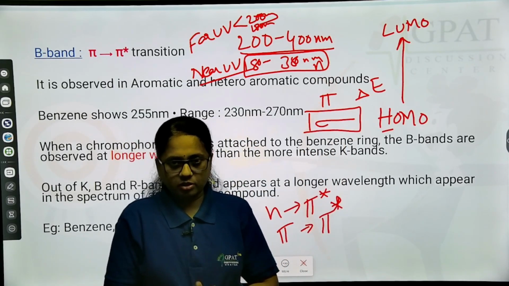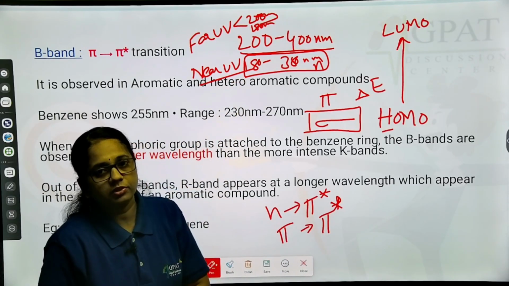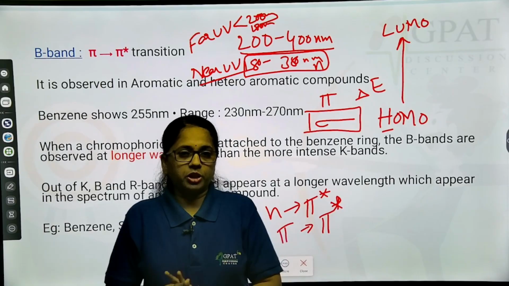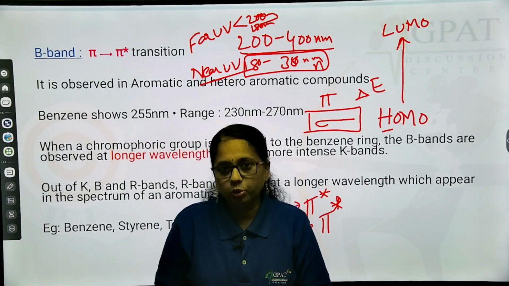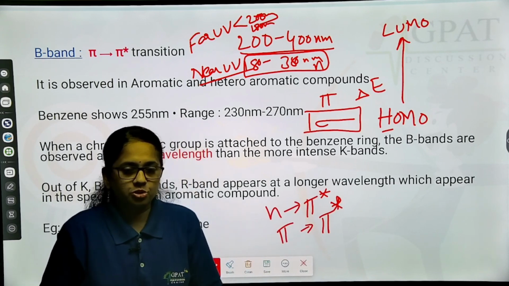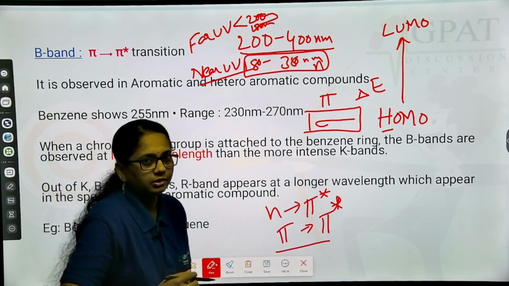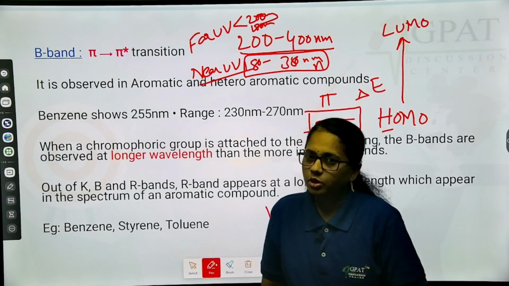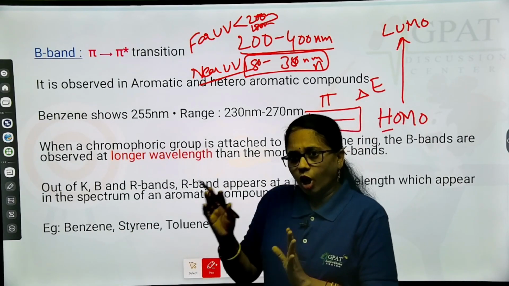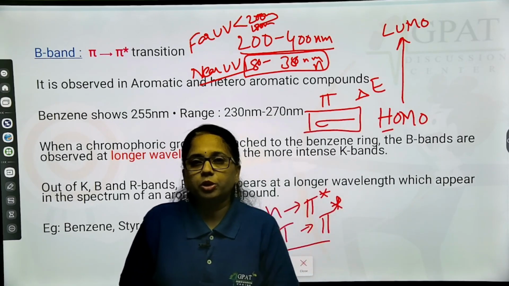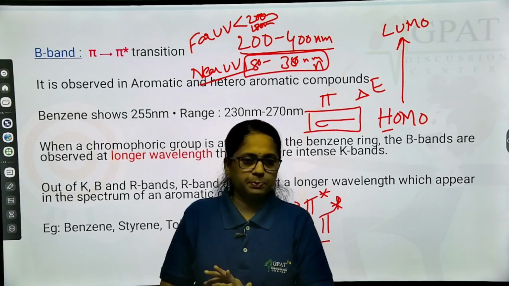But in the case of the near UV region, whenever we are talking about a normal UV-visible absorption spectrophotometer, if you use it for any unsaturated compound, then you see these two types of transitions. Mostly you observe these two types, okay. And all those transitions are going to cause some spectra, that is called the absorption spectrum, okay.